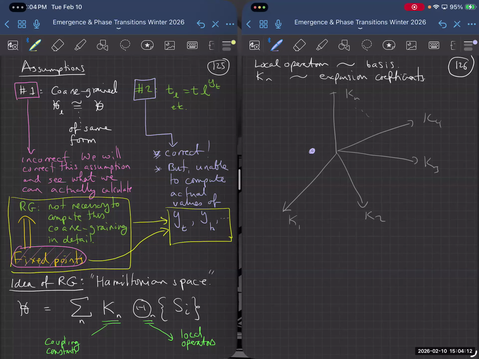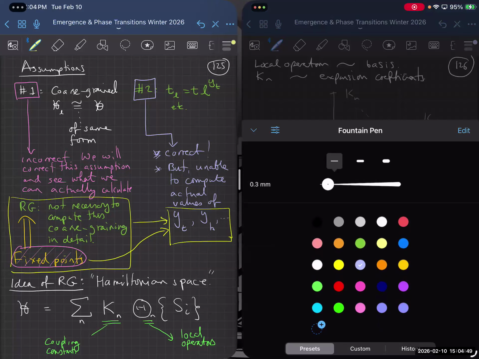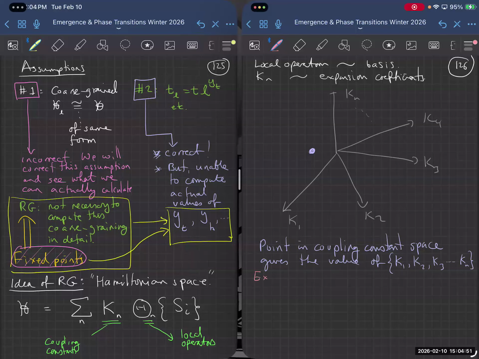So if I choose this point in this coupling constant space, it gives you the value of K1, K2, K3, whatever, all these different coupling constants. And so that is the sort of coupling constant space. And we might say start off with, say, the nearest neighbor Ising model.